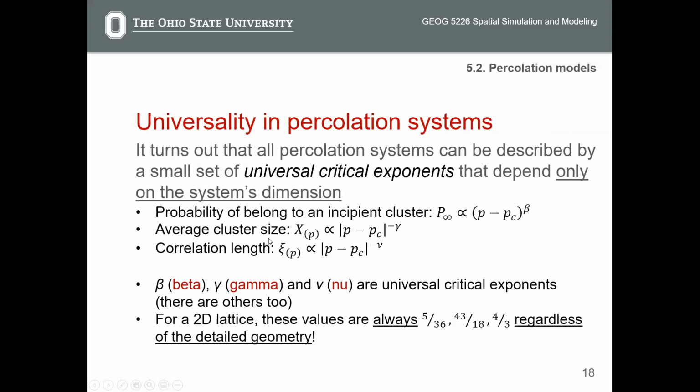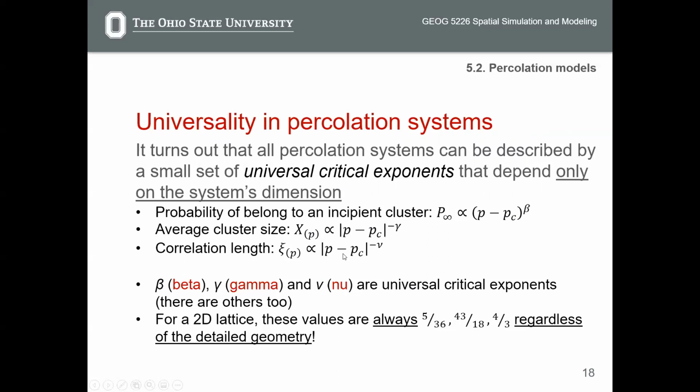And also the average cluster size is related to the difference between P and Pc. The correlation length, or you can say the general length for clusters, is also related to the difference between P and Pc.